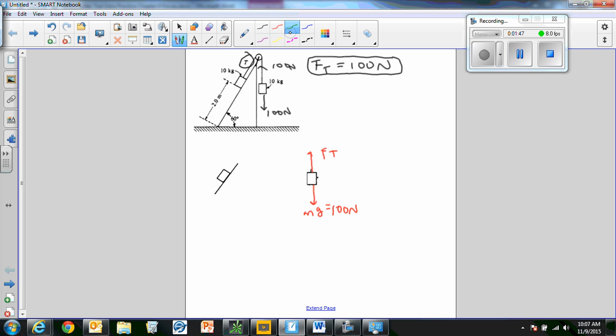And on this one, I have an upward force of tension, same as the red tension. I have a normal force that's going to be 90 degrees to the incline. And I have a force of friction pointing down this way.